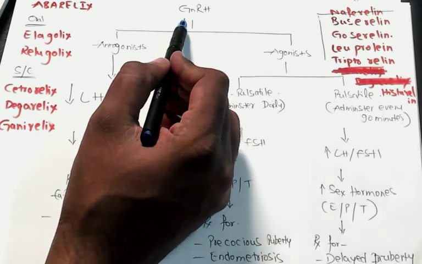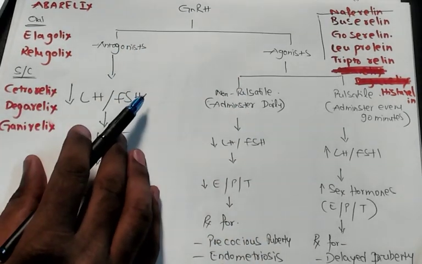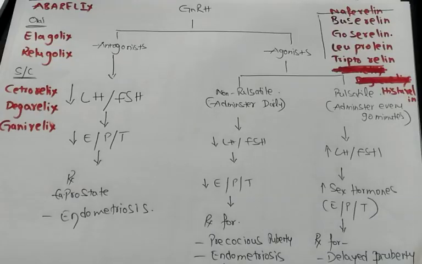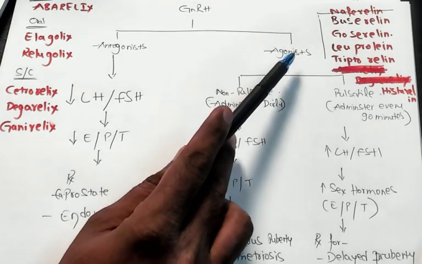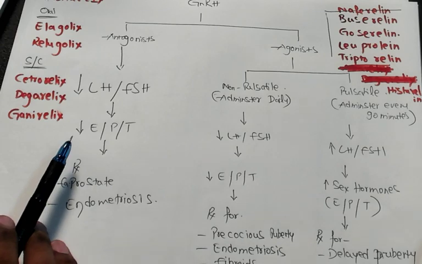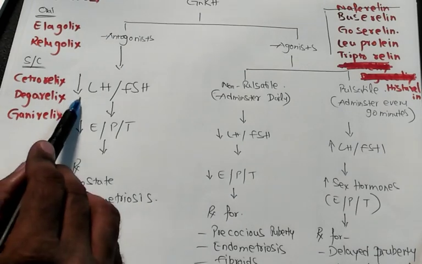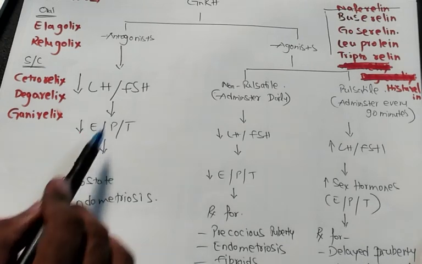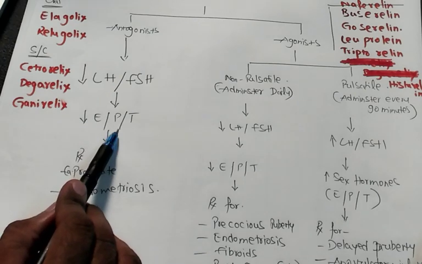Now, gonadotropin releasing hormone. There are antagonists and there are agonists. In different clinical scenarios, we use either antagonist or agonist. If you give an antagonist of the gonadotropin releasing hormone, there is a fall of LH, FSH, and that in turn will decrease the estrogen, progesterone, testosterone level.